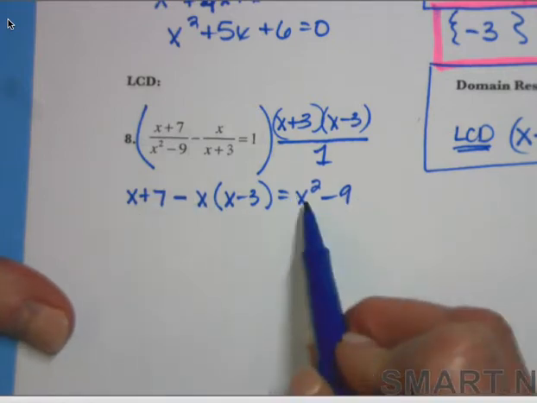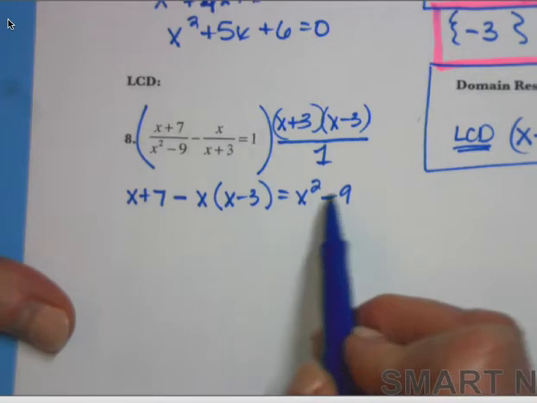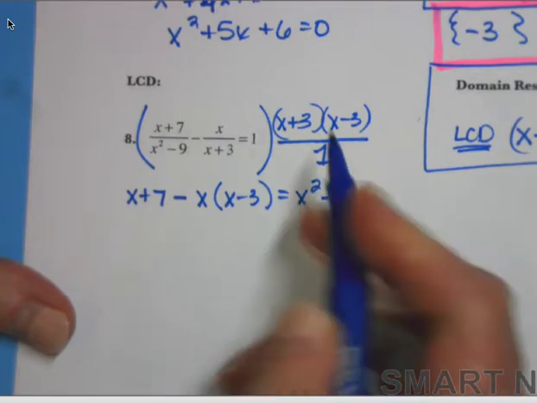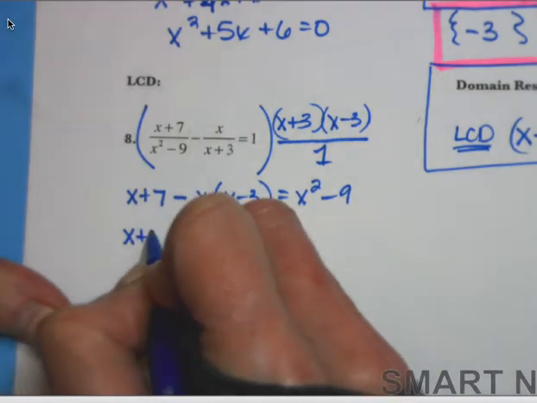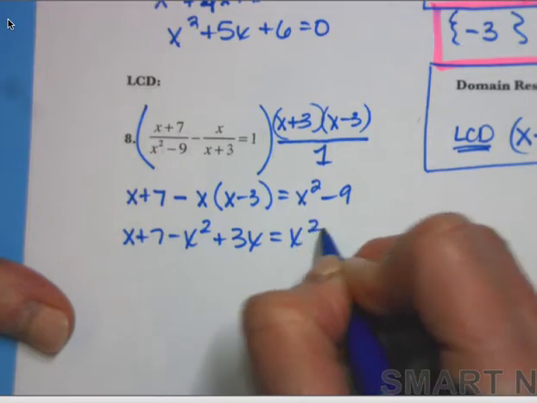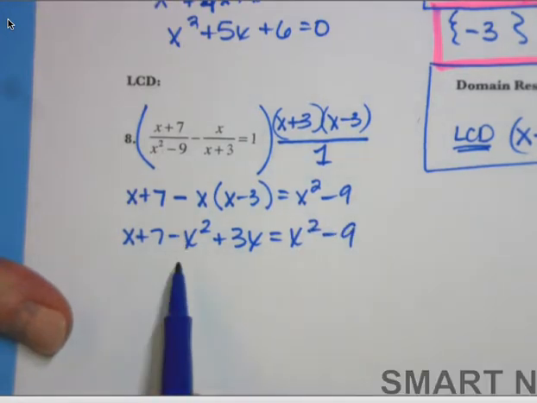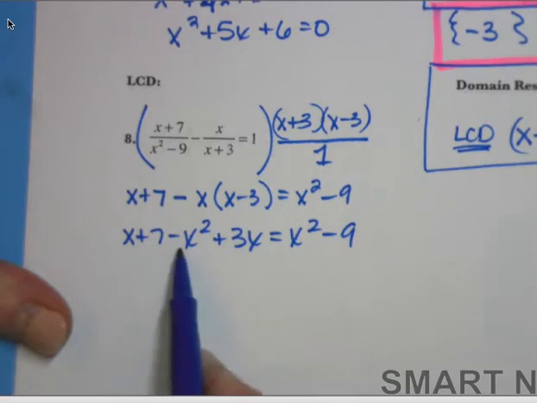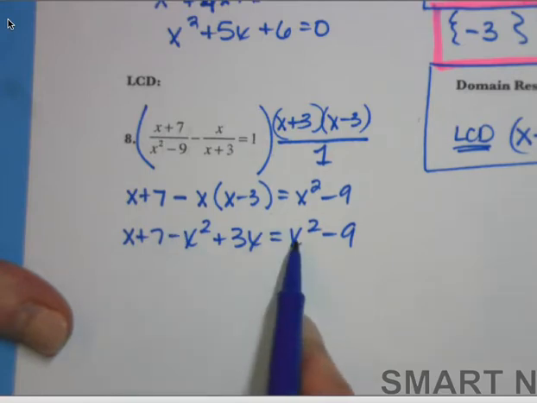because I have to re-simplify this whole problem and gather like terms. Writing this in its factored form just gives me more steps. So now cleaning this up, I've got the quadratic terms. I like to keep my lead coefficient positive, so I'm going to add x squared to the other side.